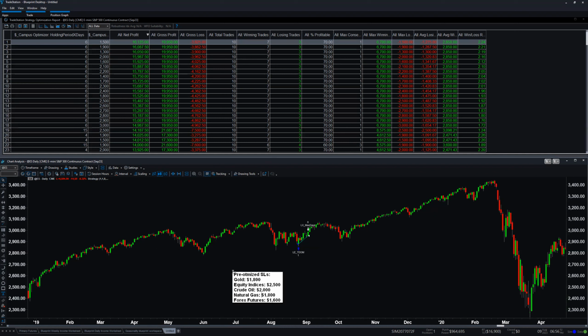And then you have other markets like, for example, other precious metals that are extremely volatile on a day-to-day basis, which then you have to kind of figure out what a pre-optimized stop loss is. But usually it would be above 2,500 US dollars.